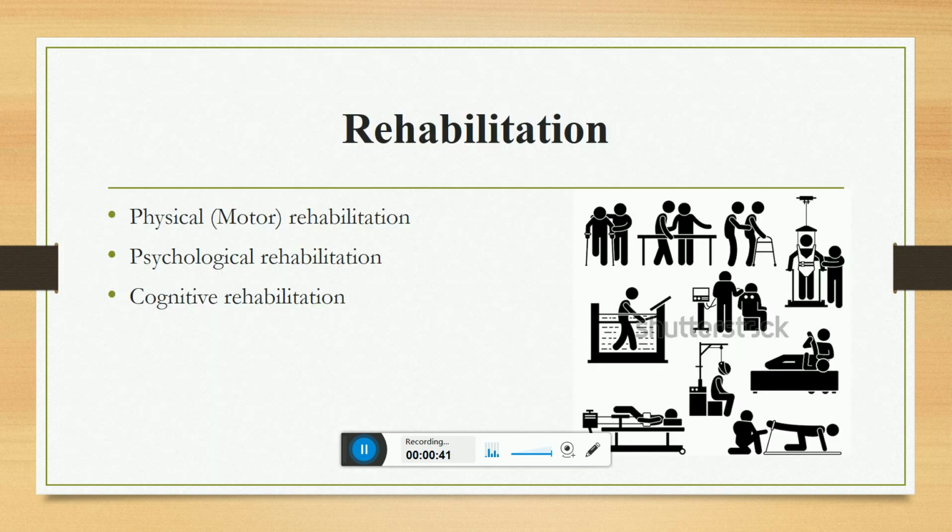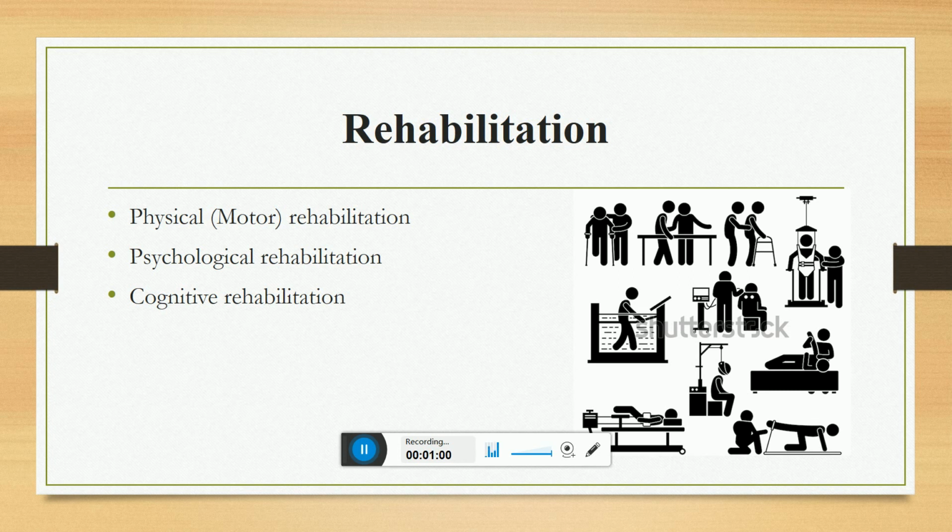So, what is rehabilitation? Rehabilitation is the action of restoring someone from some sudden abnormalities in their behavior. It can be physical, it can be mental also.